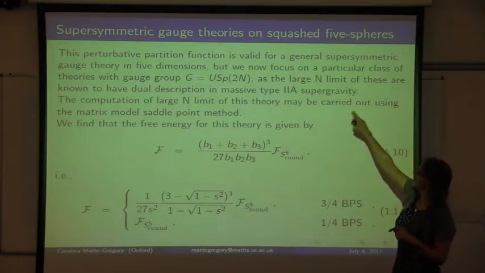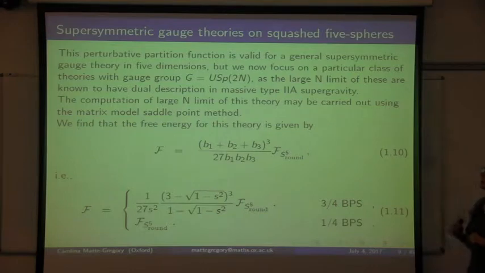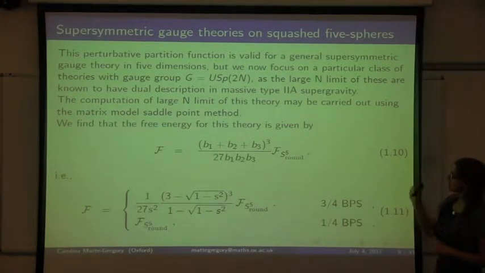So these are, at large N, known to have duals in the massive type 2A supergravity. And it's good because we know some computation of this that has an uplift of 6-dimensional supergravity. So we'll be able to use that.